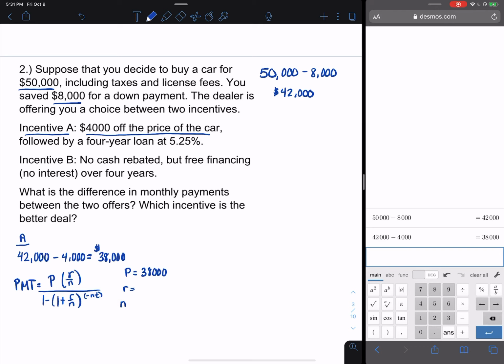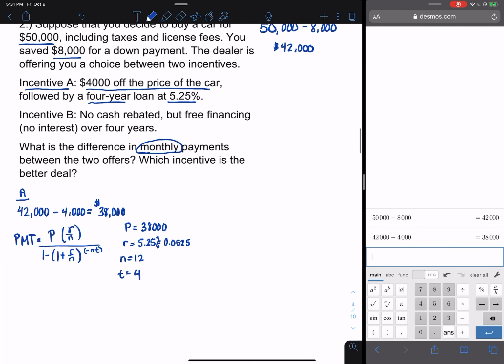We still need the rate, the N, and the T. So they tell us that it's followed by a 4-year loan, so our T is 4, at 5.25%, which when we divide by 100% to get it in decimal form, gives us 0.0525. They're telling us that we're finding the monthly payment, so our N equals 12.